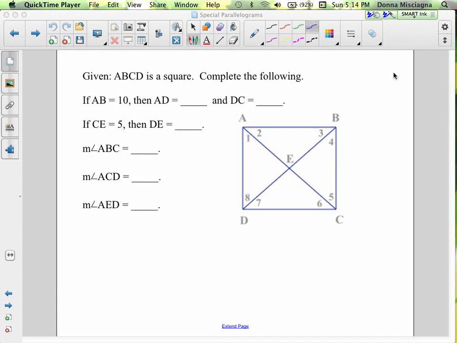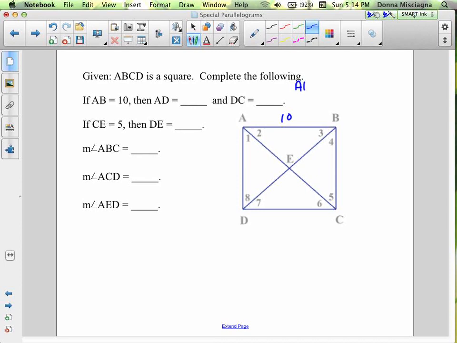All right, so the first one tells us that AB is 10, and it asks us to find AD and DC. Well, something we know about a square is that all sides of a square are congruent because a square is a type of rhombus.